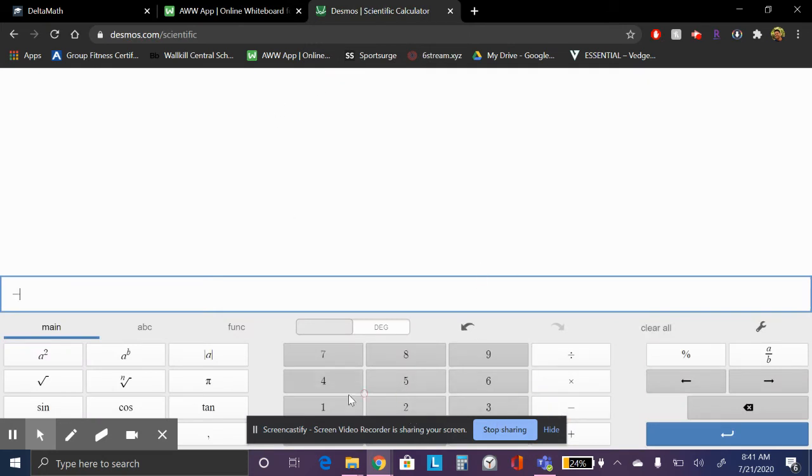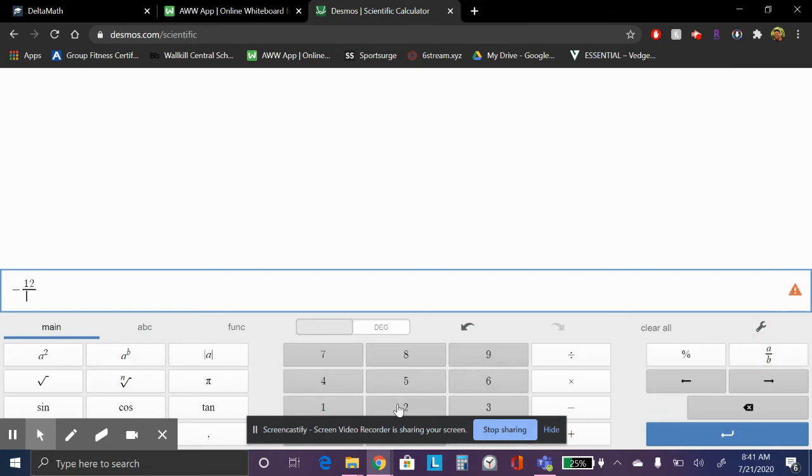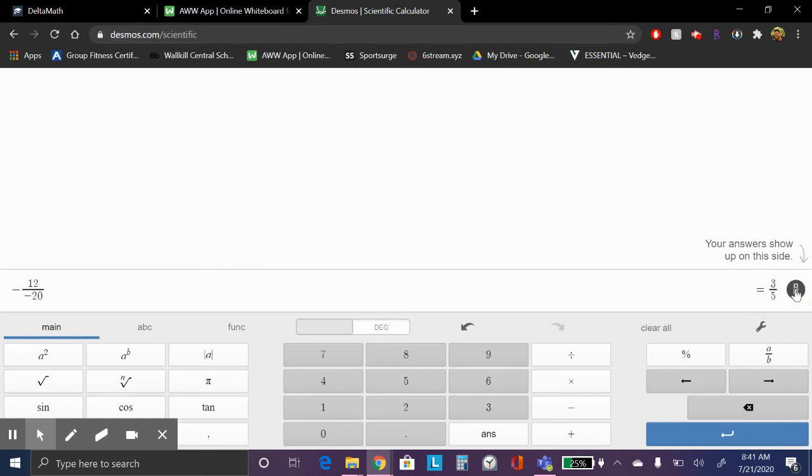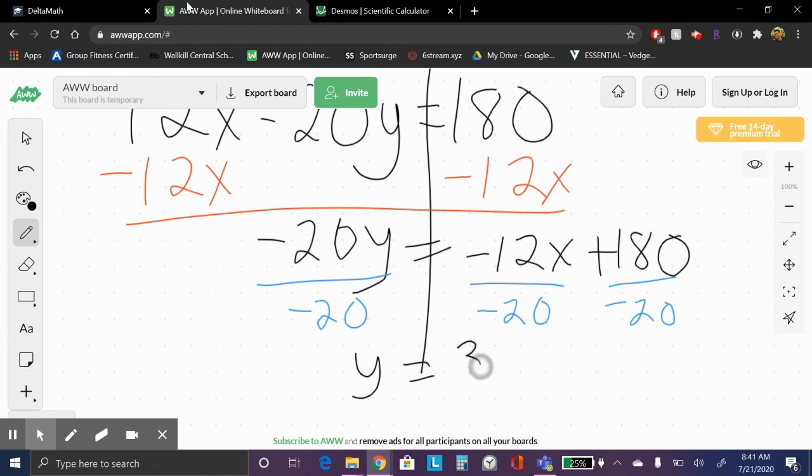Negative 12 divided by 20 is 0.6, but I want to convert that to a fraction. So I convert this right here, and it's simplified over here to 3/5. So that is my fraction, 3/5.